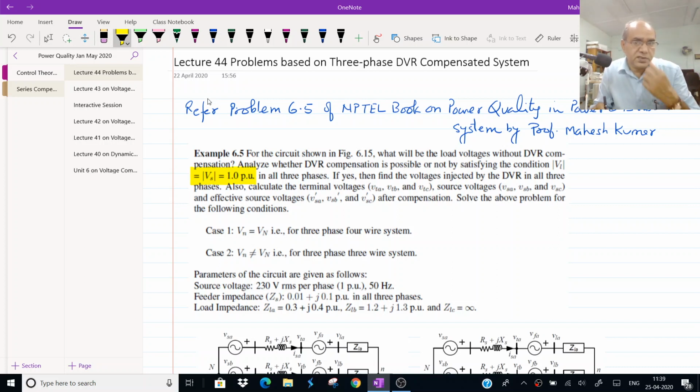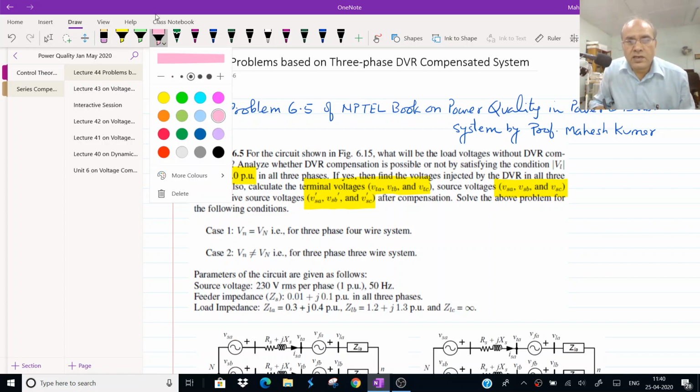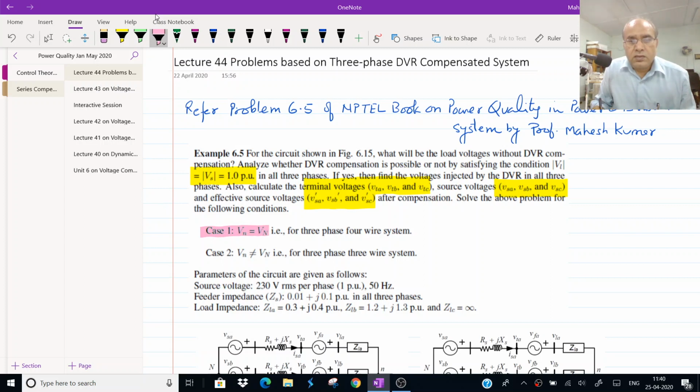We have to calculate the terminal voltages VTA, VTB, VTC, as well as the source voltages VSA, VSB, VSC, and the effective source voltages VSA', VSB', VSC' after compensation. We have to consider two cases: case 1 is the three-phase four-wire system, and case 2 is the three-phase three-wire system.